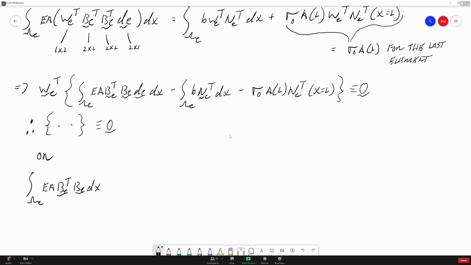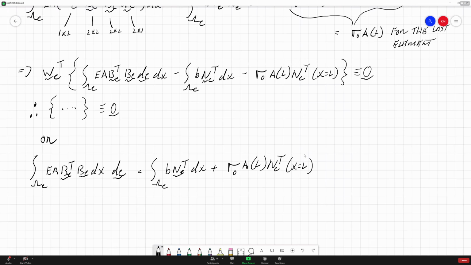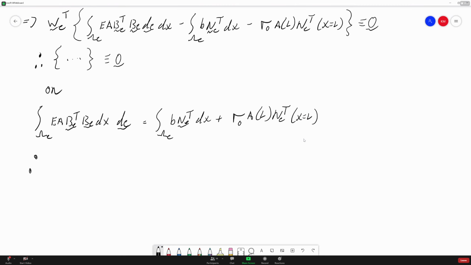I'm going to write it that way. I'm going to write this out a little bit. DE is equal to the integral over our element B NE transpose dx plus sigma naught A L NE transpose L. Therefore, KE DE is equal to FE.